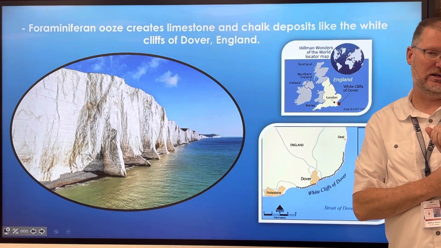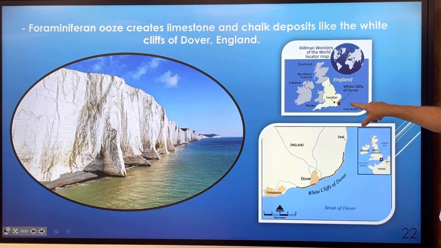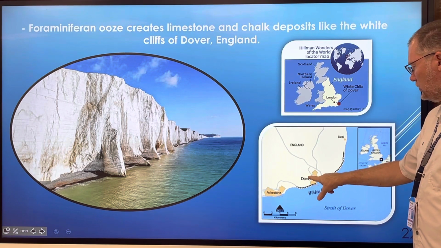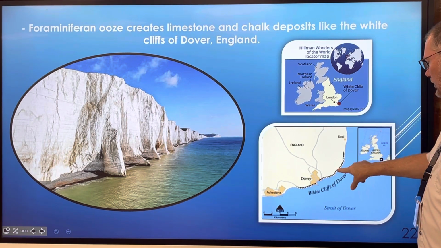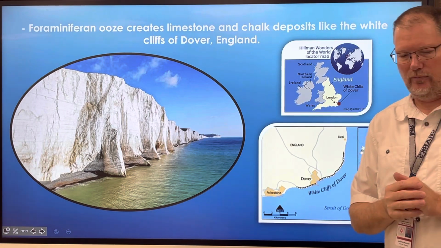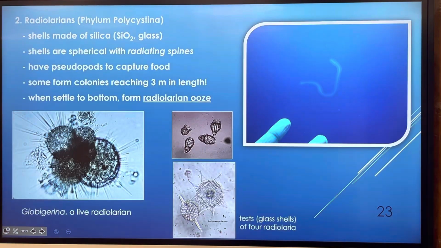You may have heard of these or seen these, or even maybe you've been there, okay? So here's London, and you just go east a little bit, and this is Dover, and the White Cliffs are there. They're very famous. They've been in lots of movies and things. The White Cliffs of Dover. They're made out of foraminiferan ooze.